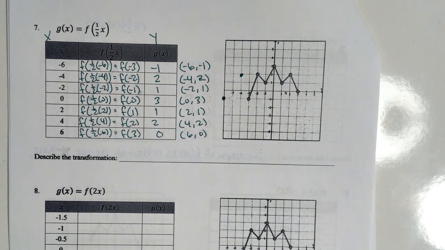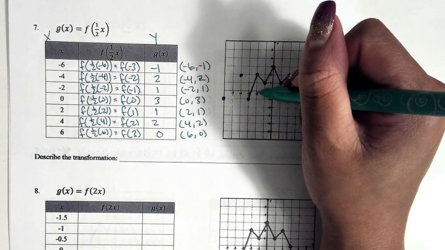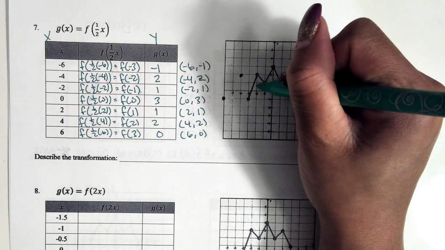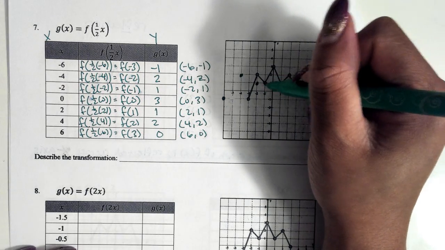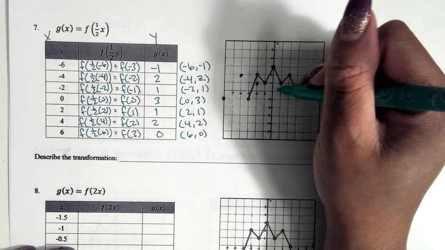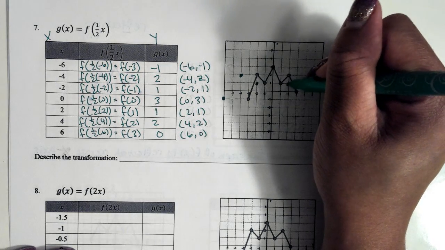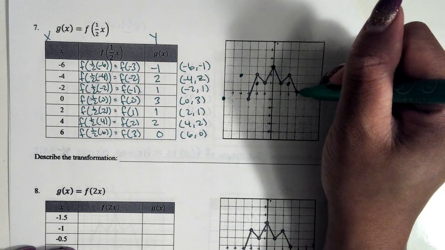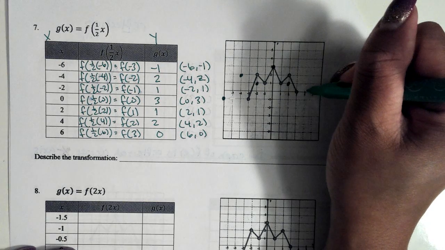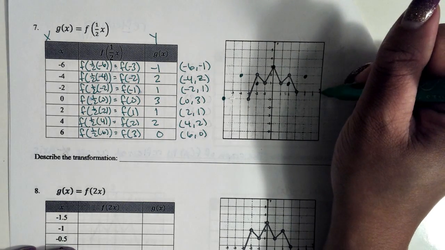We all make mistakes. It's just a matter of how you're going to go about fixing them. So then we have negative 4, 2, and then we have negative 2, so 1, 2, and up 1. Then we have 0, 3. Then we have 2, 1. So 2, 1 is here. And then we have 4, 2. Then we have 6, 0.